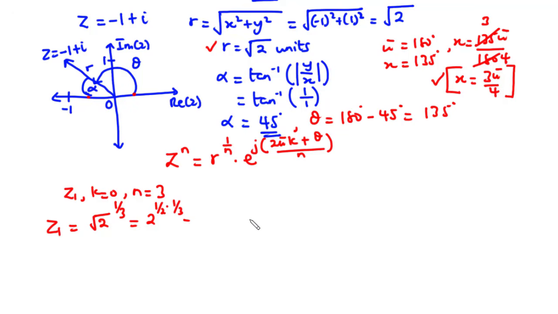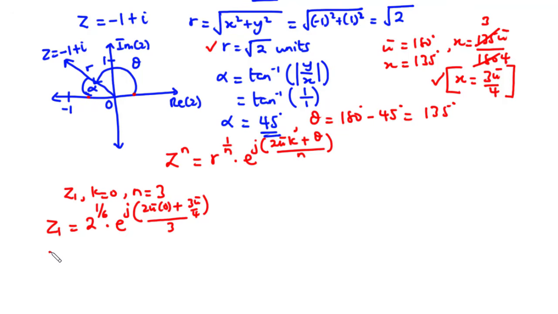So z1 equals 2 exponent 1 over 6 times e exponent j into bracket 2 pi times 0 plus the angle in radians, 3 pi on 4, so 3 pi on 4 all over 3.